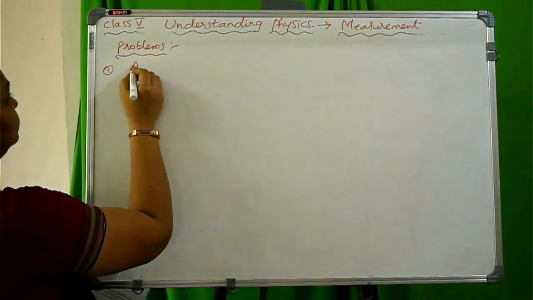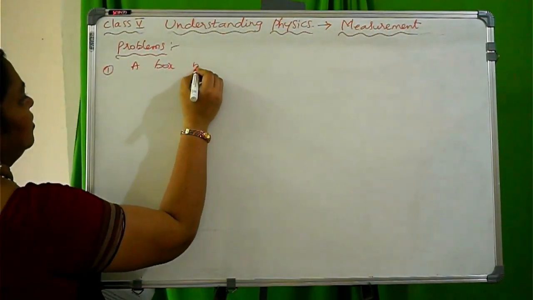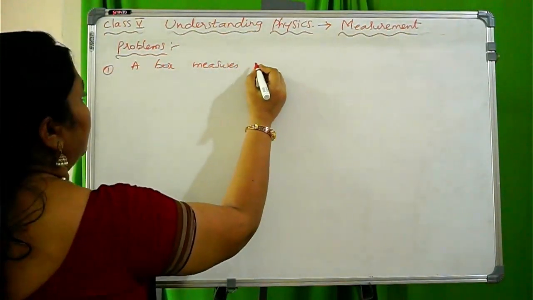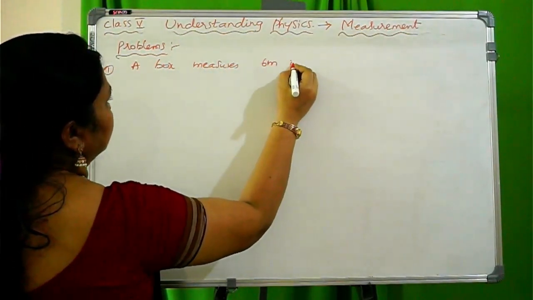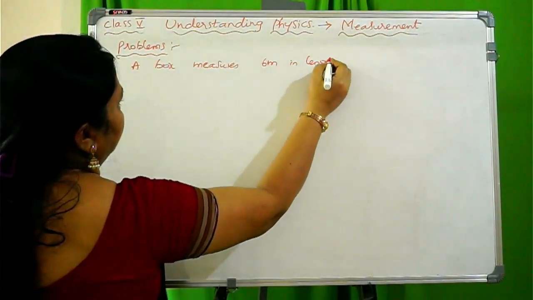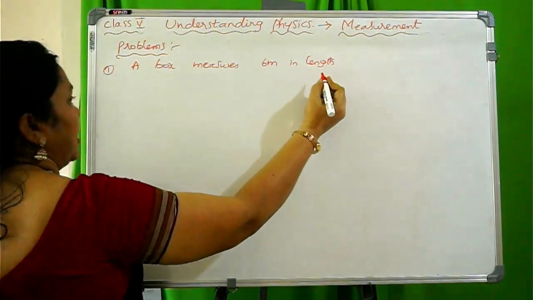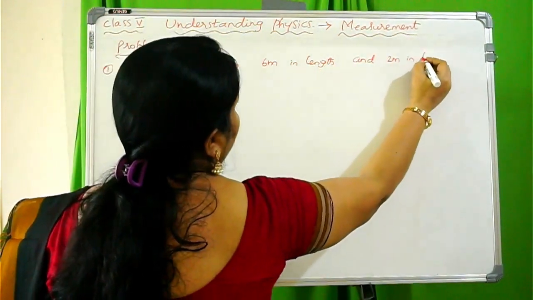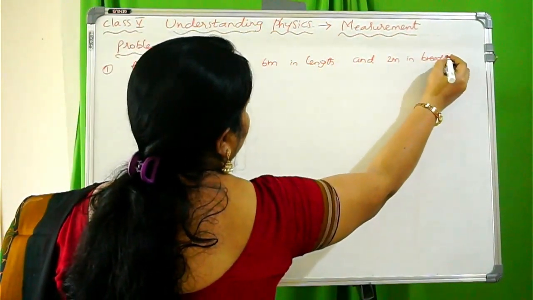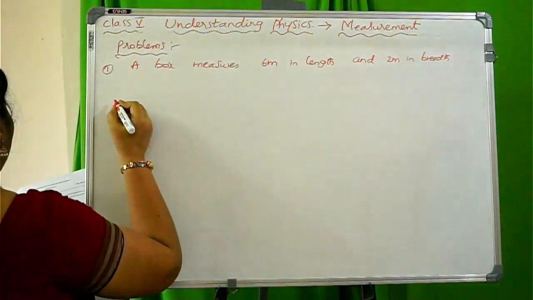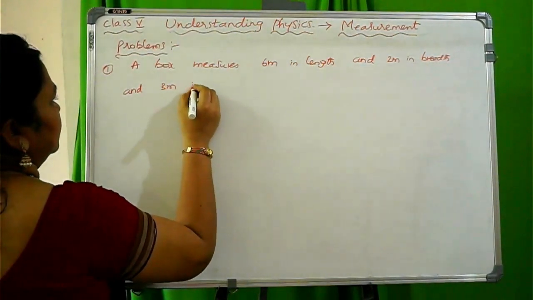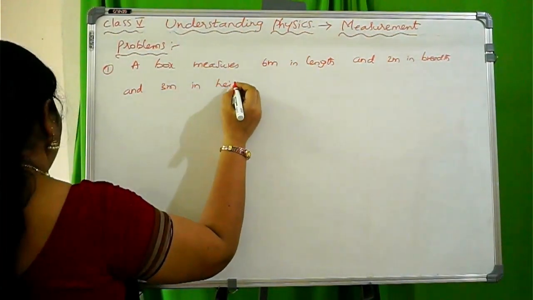A box measures 6 meters in length and 2 meters in breadth and 3 meters in height.